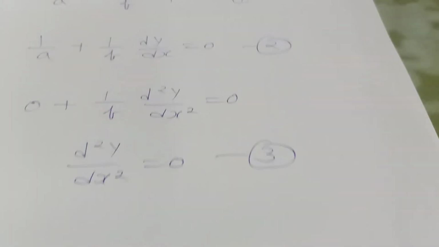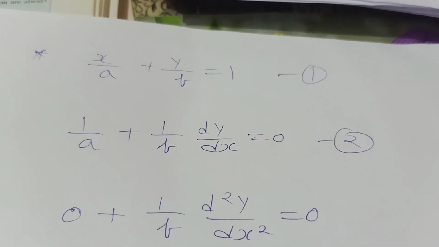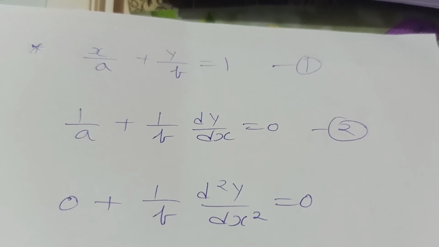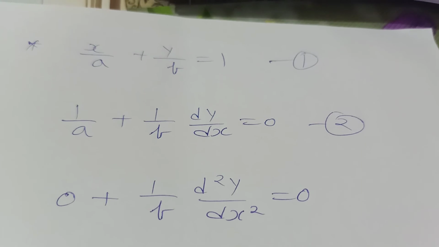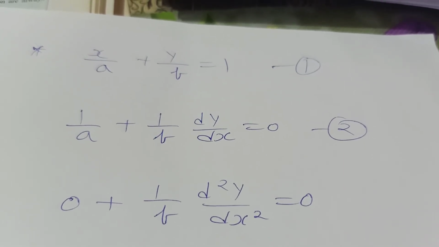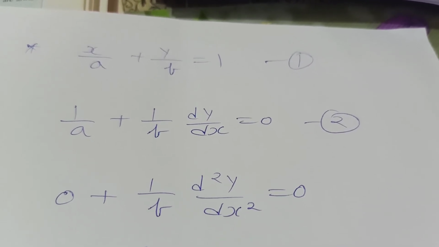Now take some examples. First is x upon a plus y upon b equal to 1. This is our general solution and we will find the differential equation. Here we see that there are two parameters, so we will differentiate this relation twice.